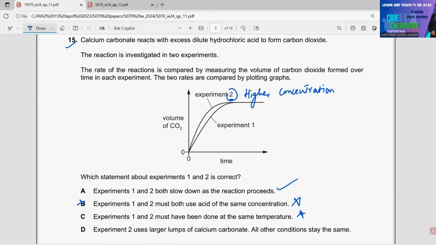D, experiment 2 uses larger lumps of calcium carbonate. All other conditions stay the same. Now, what they are saying is they have used the larger lumps in this case. This is a tricky one.